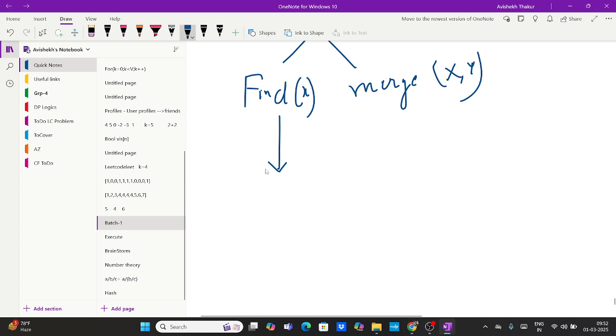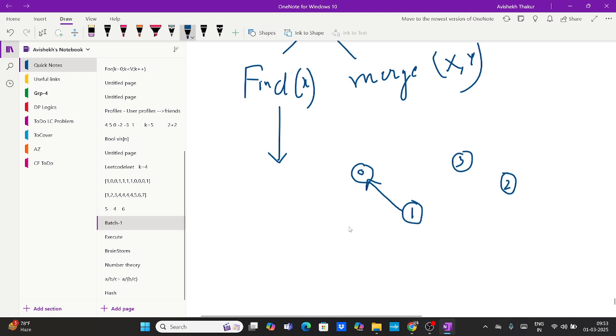What's find x? You remember the initial problem statement: you were given some disconnected nodes, and there were some numbers, let's say 0, 1, 3, 2. Whenever we merge, we create a tree structure. That is, 1 is connected with 0 now.